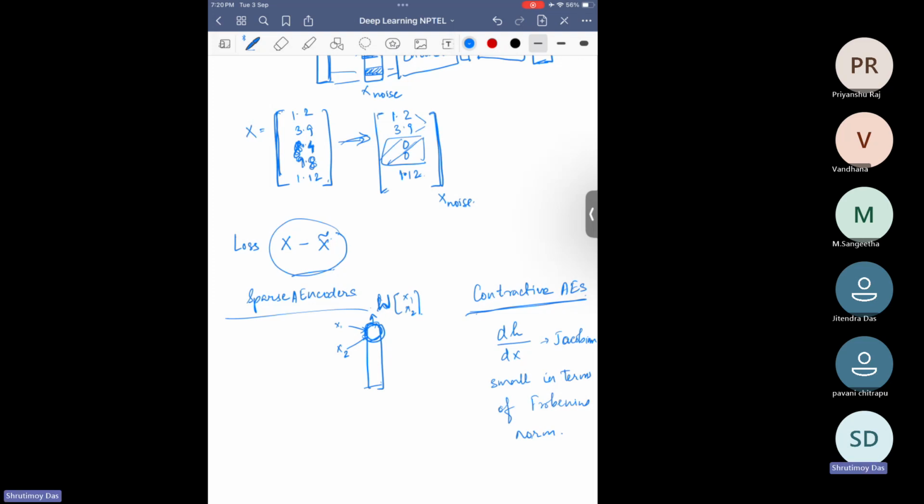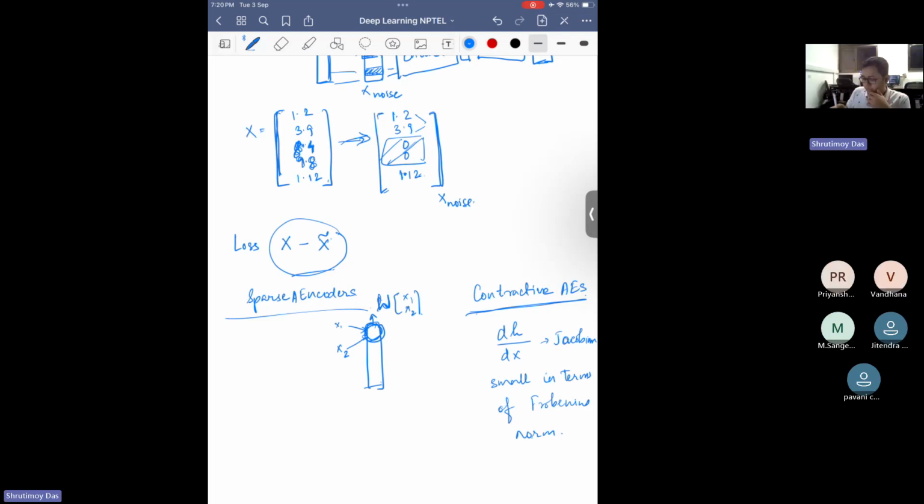Okay, so the Jacobian is basically, yeah, so you have a neural network here, right? And you have some output here.